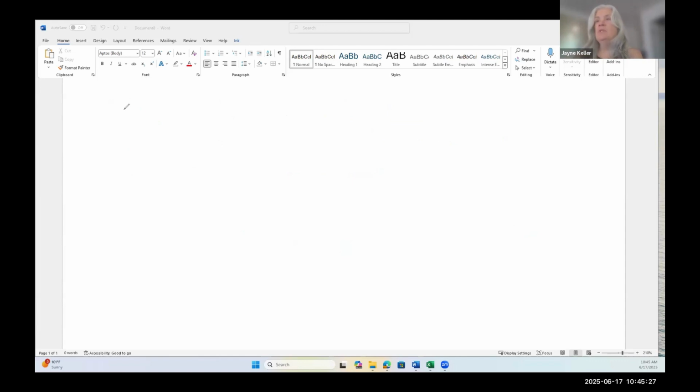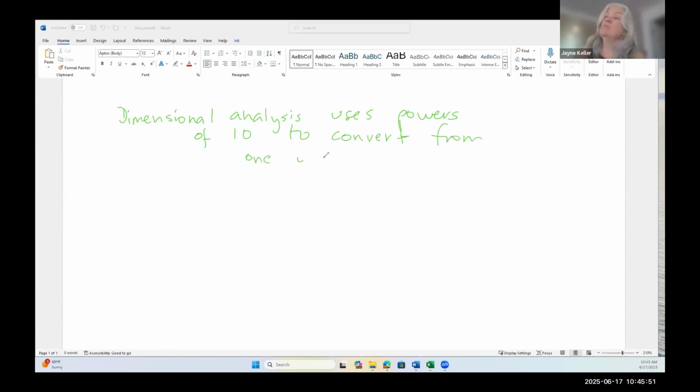That helps me to kind of think through these types of problems. And then we have this one, dimensional analysis uses powers of 10 to convert from one unit to another.